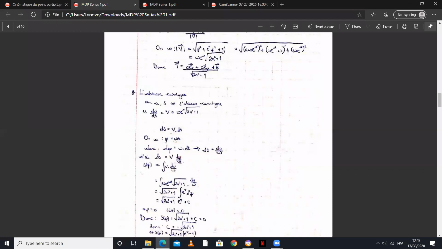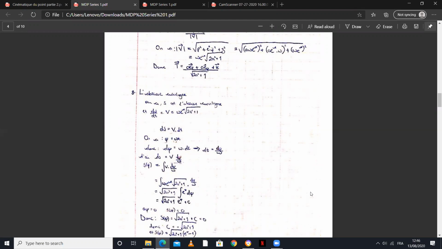From here, it's simple. We're integrating e à la puissance phi de phi. What's the integral of e to the phi d phi? This is the magic of the exponential. When you have the exponential of x, l'intégrale de l'exponentielle de x dx, it's just equal to e to the x. It does not change. It's like when you derive e to the x, d de e to the x dx, it still gives you e to the x.